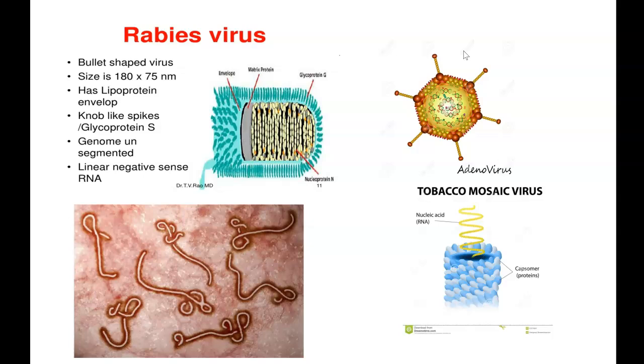So here are some different viral shapes. You can see the rabies virus looks almost like a cylinder, like a bullet. You can see the adenovirus, where it looks geometric. Of course, it looks two-dimensional, but in three dimensions it would probably have more sides to it. There's the tobacco mosaic virus, where you can see that helical shape.